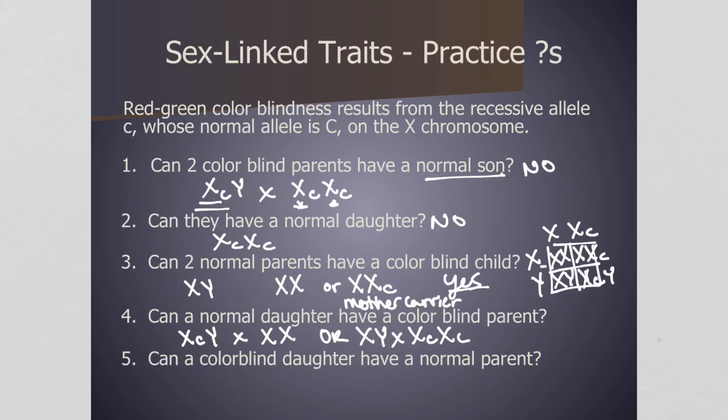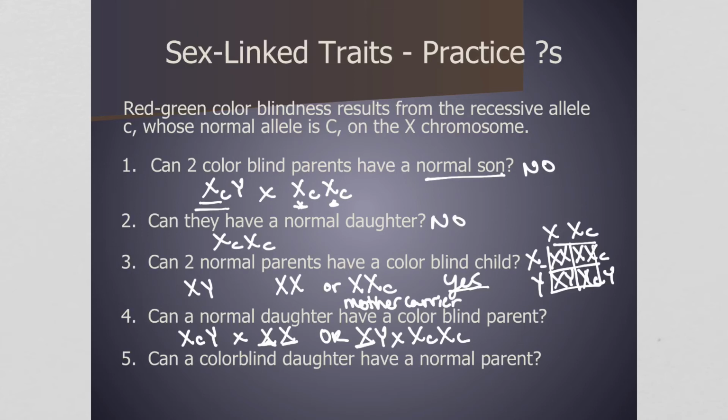In this case, you're definitely going to have a normal daughter because if dad's colorblind and mom is not, then the X chromosome from mom is always going to overshadow the colorblind chromosome from dad and not show the phenotype, just be a carrier. And in this case, if dad's normal, it would be the same thing.